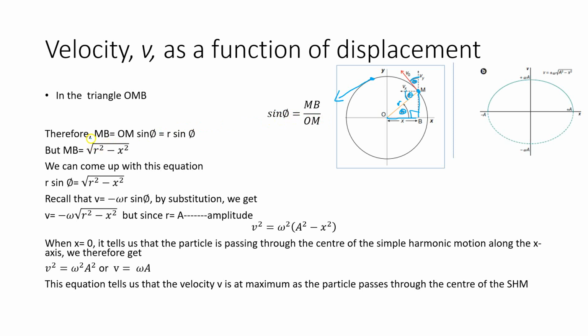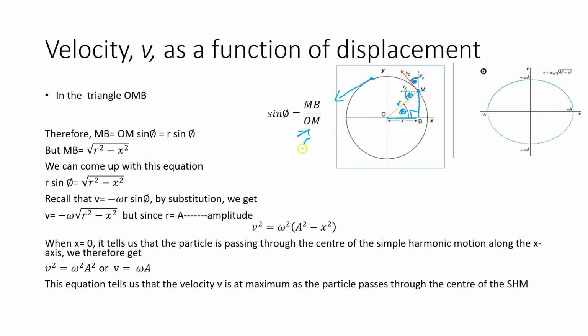Having said that, we can transpose for MB. As you can see right here, MB is equal to OM sine theta. But we said that OM is R, which is the radius of the circle.